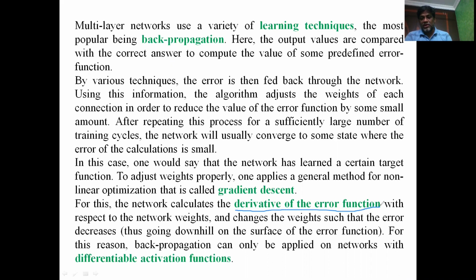In backpropagation, the derivative of the error function will be applied, therefore the activation function we use in feed-forward networks must support this operation. That is why we always prefer differentiable activation functions, and people always select the logistic function because it supports this operation very well.